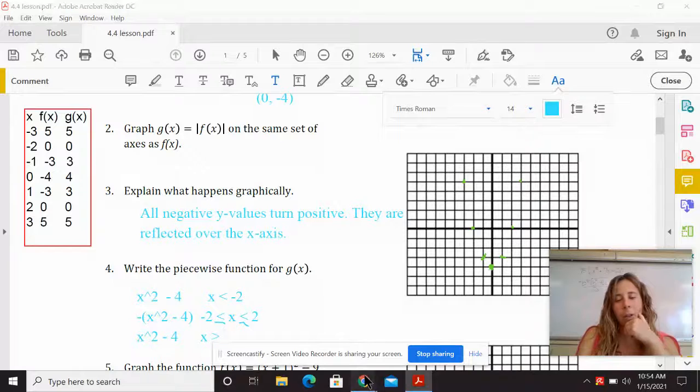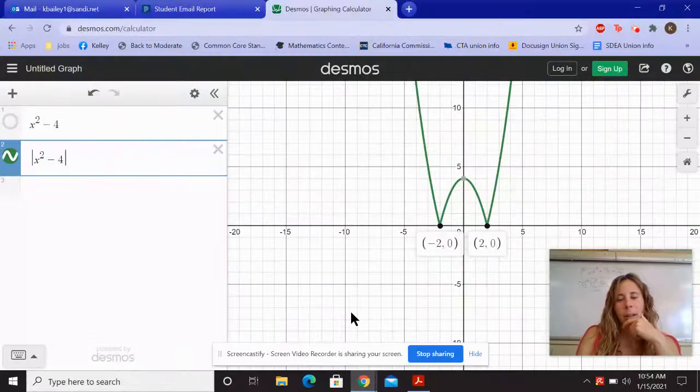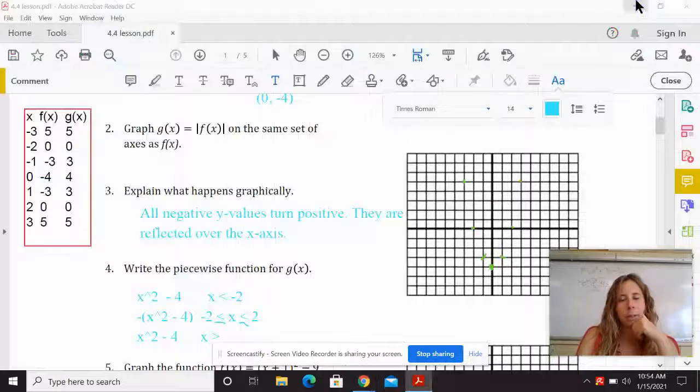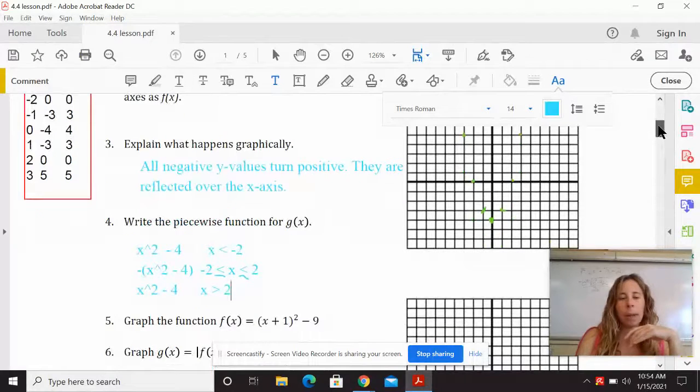Think about it. I'll show you the graph again. So this one is x is less than -2. What would this one be? Greater than 2. It's greater than the turnaround point, 2. So that would be how you write the piecewise.